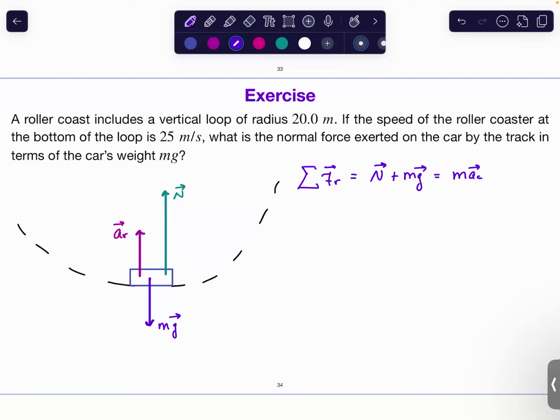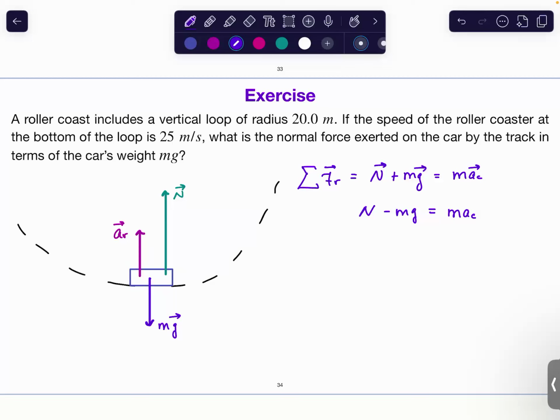For example, the mass times gravity, if the car was at the top of the loop, gravity would still be going down, but mg would be positive. Normal force is towards the interior of the curvature. mg is outward from the curvature. And the centripetal acceleration is inwards towards the center of curvature.